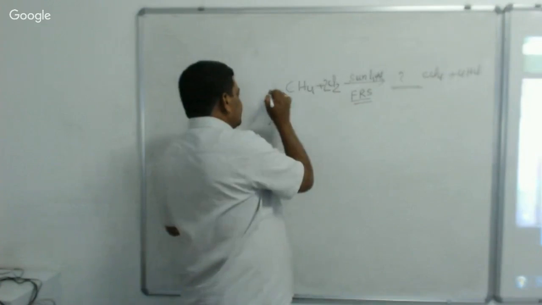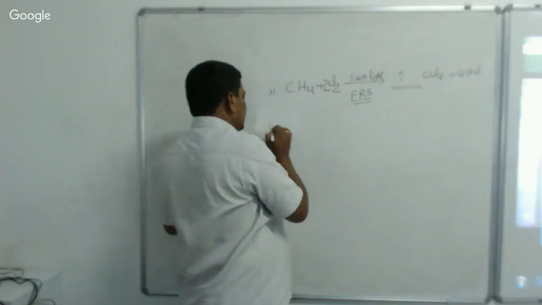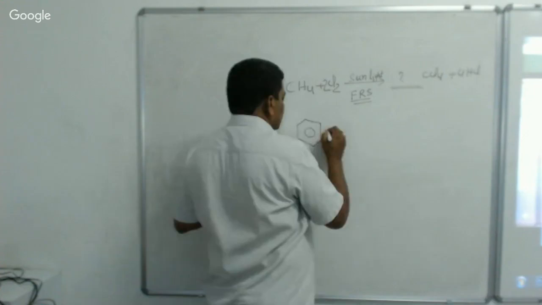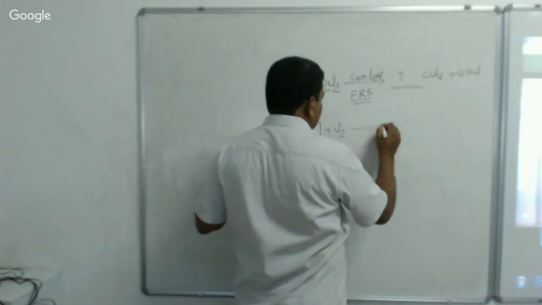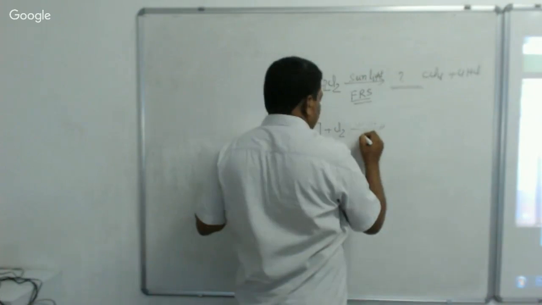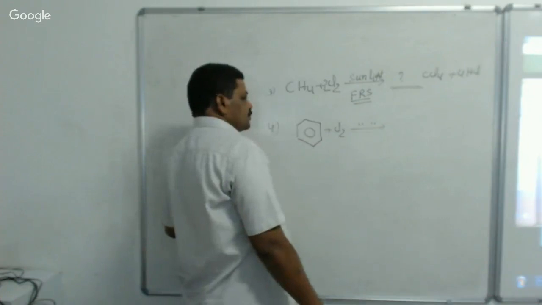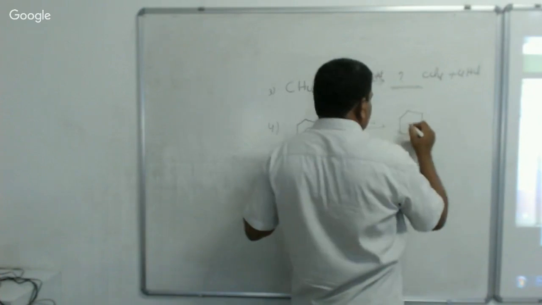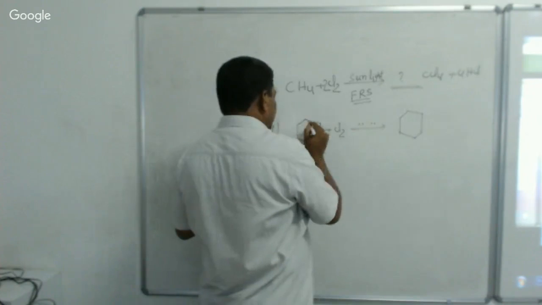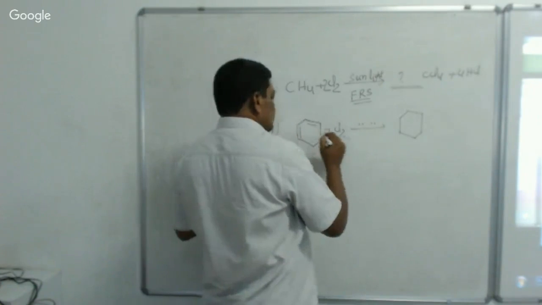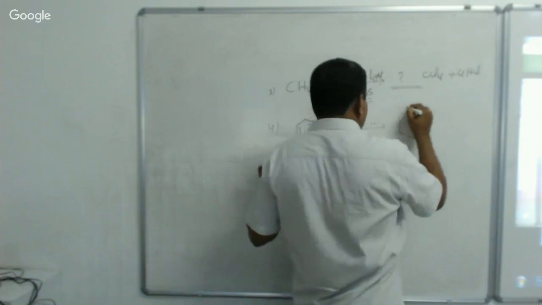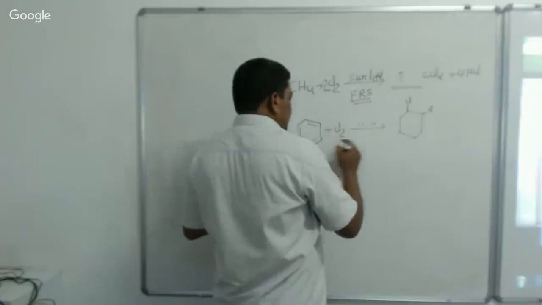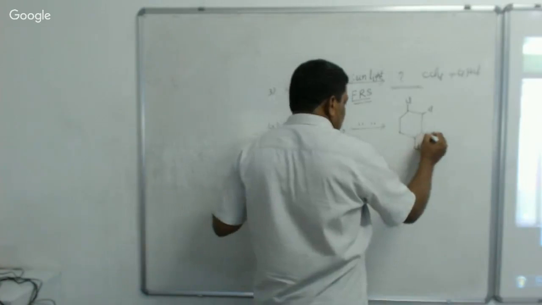Similarly, the fourth one. What is the reaction between benzene and chlorine in the presence of sunlight? For the 3 pi bonds of the benzene, for each pi bond, 2 chlorines are added. This pi bond will have 2 more chlorines added.